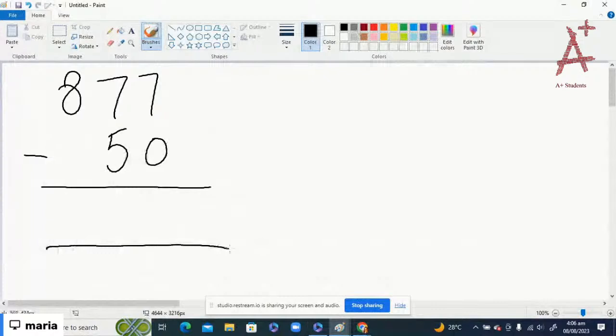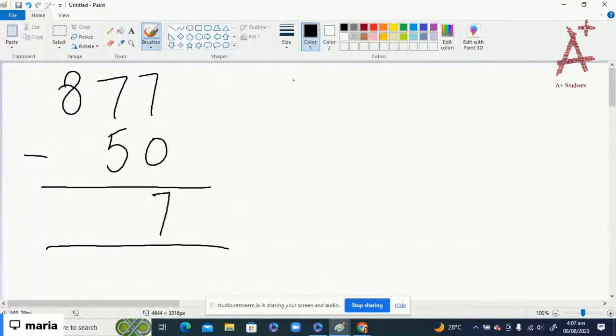Let's subtract 7 minus 0. What's the answer? Anyone? That is 7.